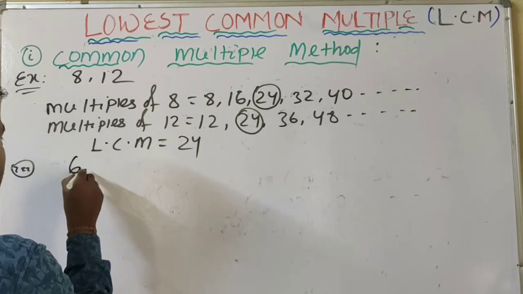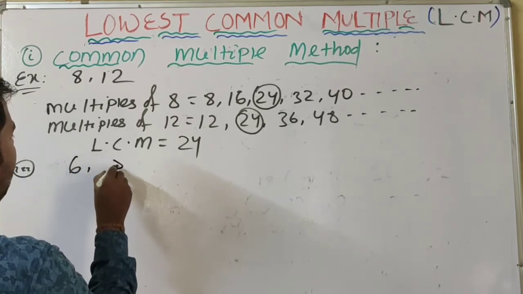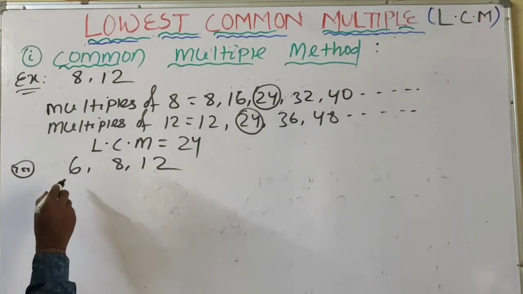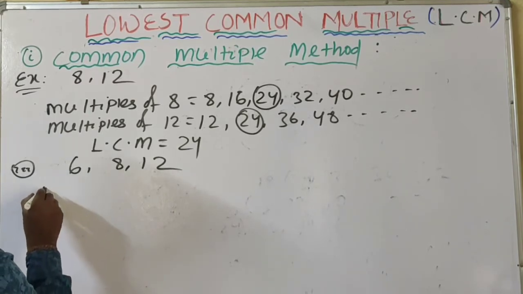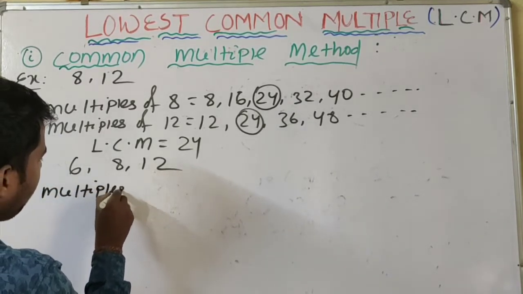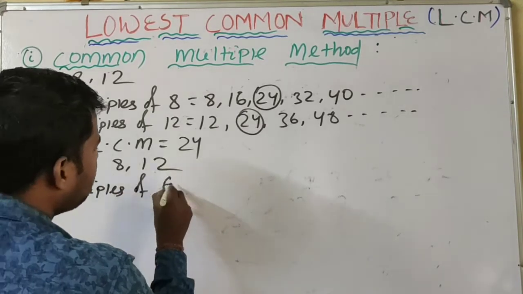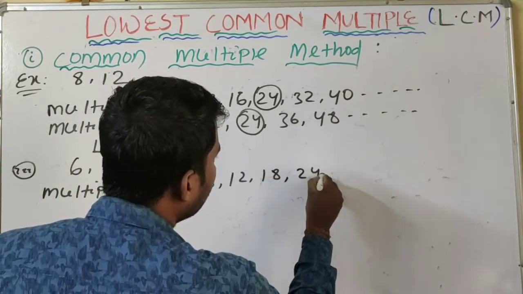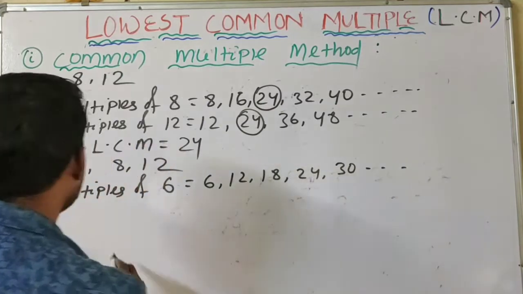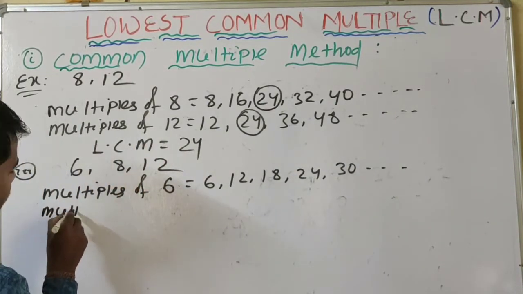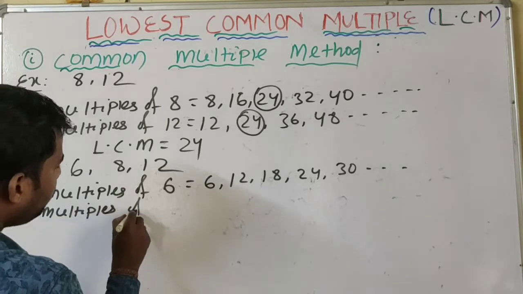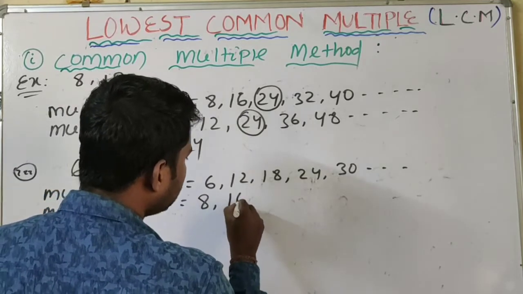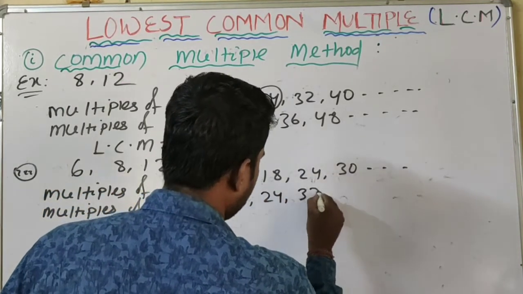Now we know how to find the LCM of three numbers. So we will take three numbers 6, 8 and 12. First we have to write some multiples of all the numbers. Multiples of 6 will be 6, 12, 18, 24, 30, etc. Then multiples of 8 will be 8, 16, 24, 32, 40.